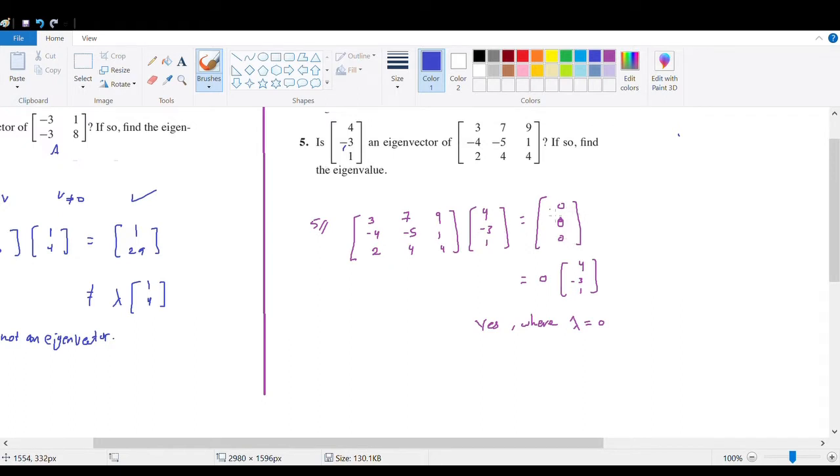So could we write this vector as lambda multiplied by [4, -3, 1]? Yes, if we choose lambda equal to 0, then 0 multiplied by the vector [4, -3, 1] gives 0. That means our lambda is equal to 0. So this vector is an eigenvector for this matrix, and lambda is equal to 0 corresponding to the eigenvector [4, -3, 1].